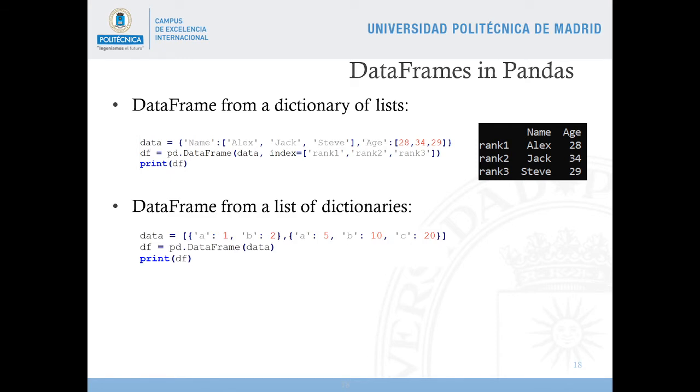We can also create a data frame from the opposite. We used before a dictionary of lists. Now we are going to use a list of dictionaries. Of course, the dictionaries are simpler now. We have just key, value, key, value. In this case, each dictionary is a row, and it specifies the value of column A, for instance.